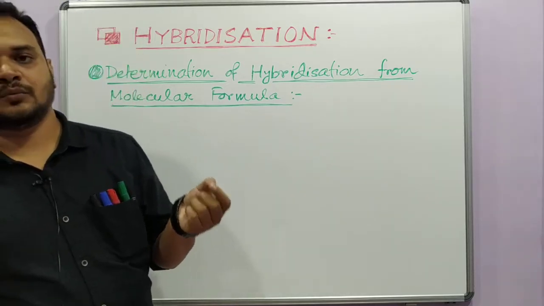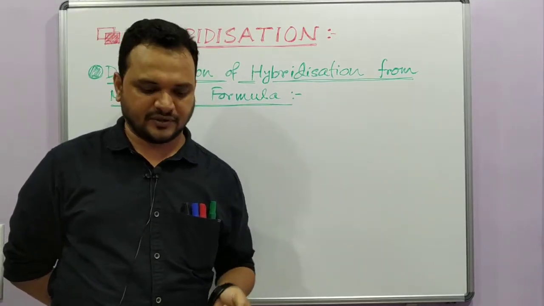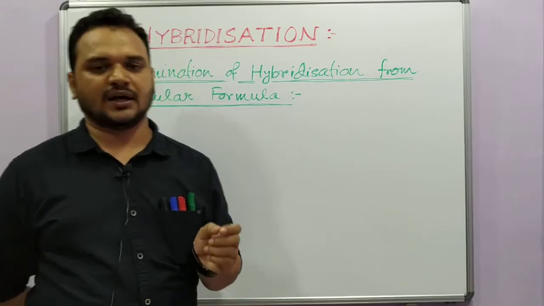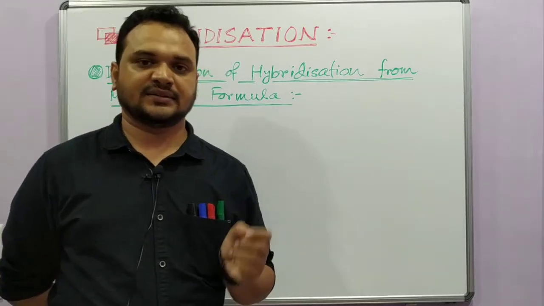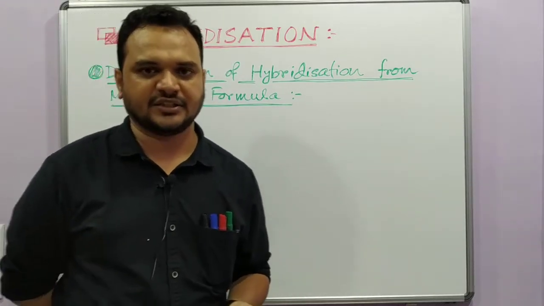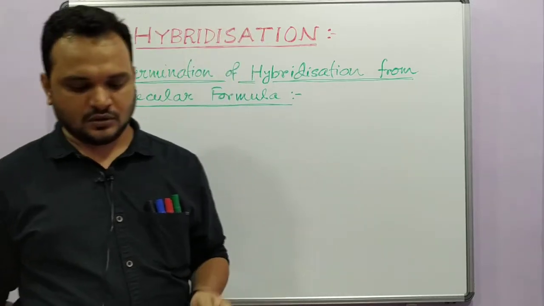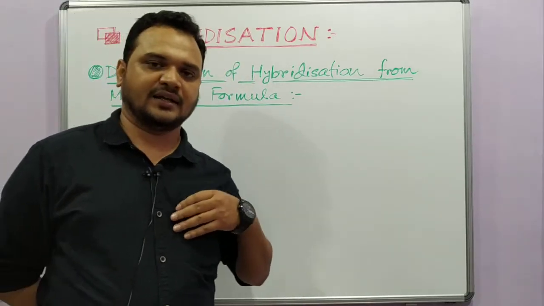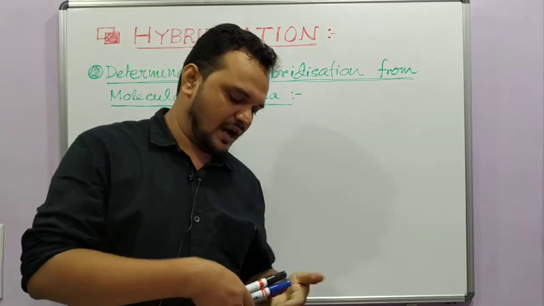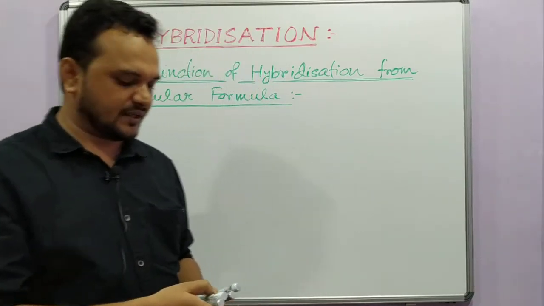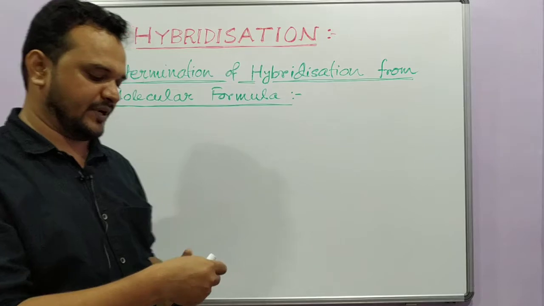If an unknown molecule, if the molecular formula is given to you, then from that formula how can we determine the state of hybridization of the central atom? So we have a formula here, and using that we will see how from the given formula we can calculate or determine the state of hybridization.